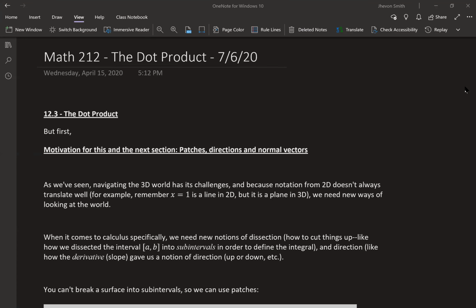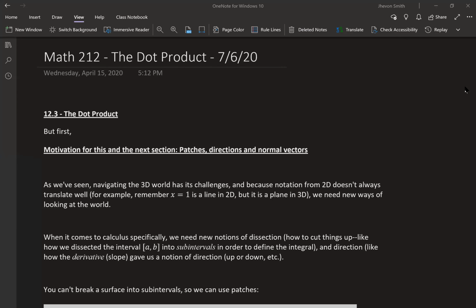So we needed to be able to dissect our input space, and then at the same time, measure the magnitude of these dissections. From that, we can take the magnitude of the dissection times the output of the function, and that gave us the area of the rectangle. We can add up all these guys to find the area under the curve, and we could approximate it by taking more dissections, okay?